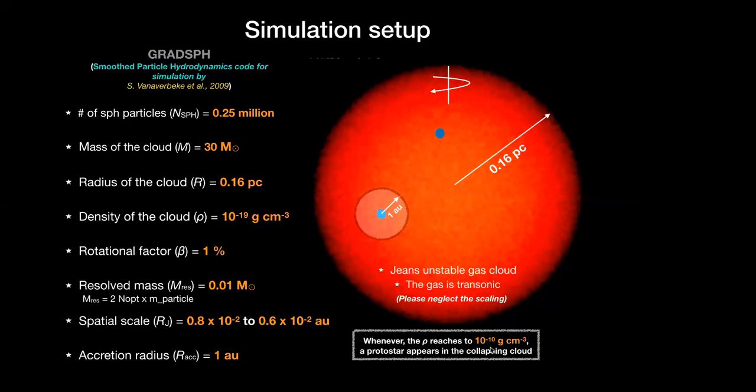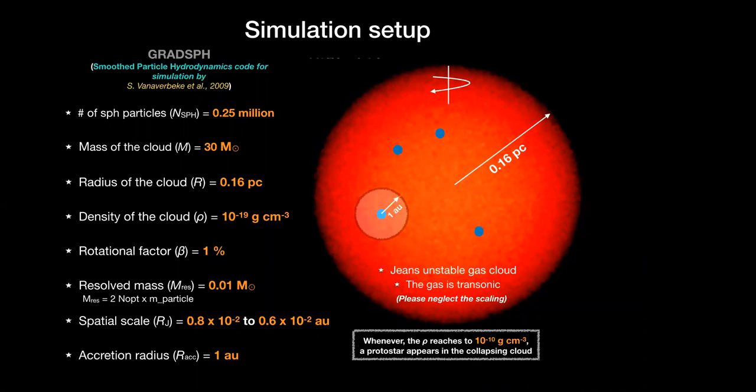The density at which the transition occurs from isothermal to adiabatic is 10 to the minus 13 or 10 to the minus 14 grams per centimeter cubed, which is 3 to 2 orders of magnitude different from the density at which we form the protostars.